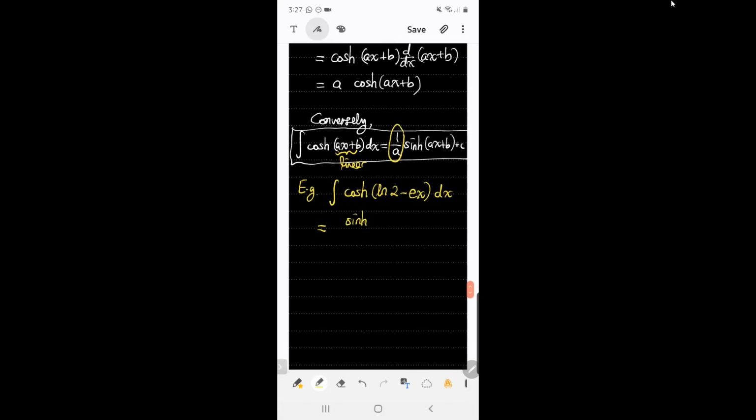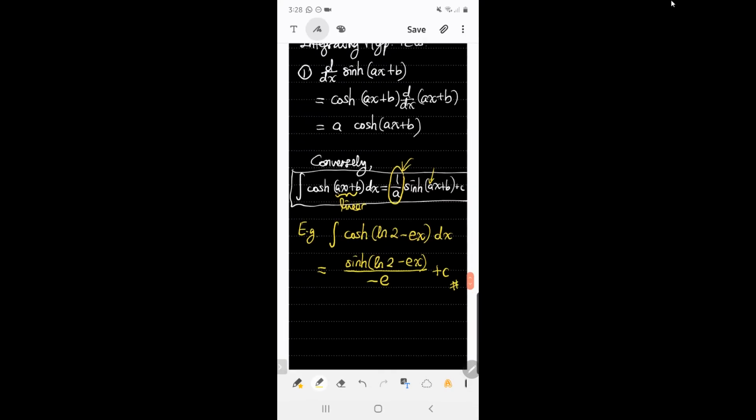So you have sinh of ln 2 minus ex divided by, now check the coefficient of x in this case. Negative e, right? So you have to divide by negative e, because you are using 1 over a. The a is actually the coefficient of x. So divided by negative e plus c. That is example number 1, corresponding to the integral of cosh ax plus b.